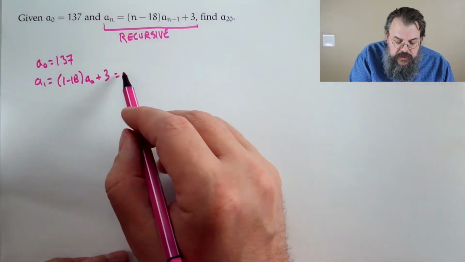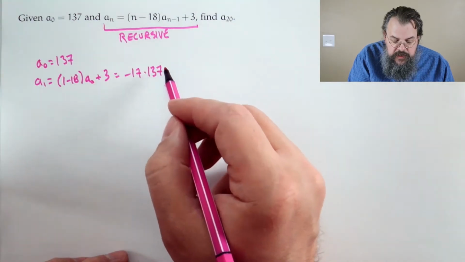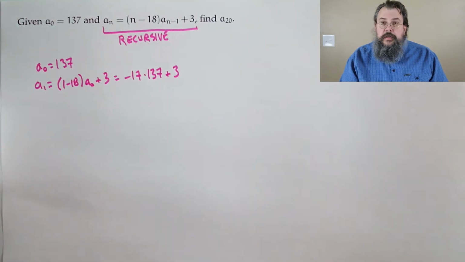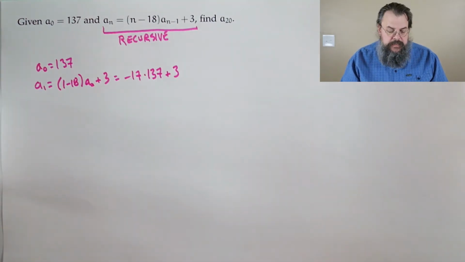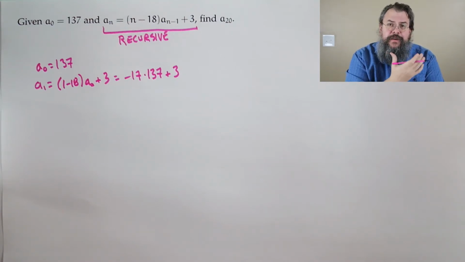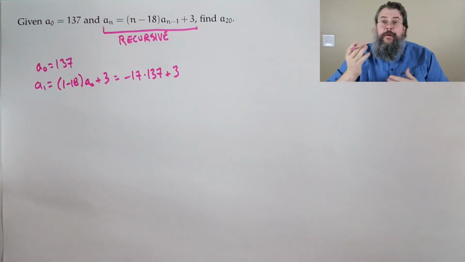Okay, so that's negative 17 times 137 plus 3, which does not look like a number we want to compute. I guess we could pull out calculators, but that kind of defeats the spirit of what we're trying to do, right? We're trying to say, what if we didn't have calculators?